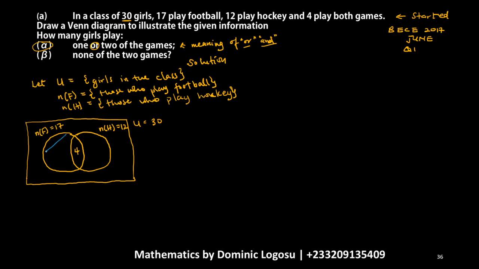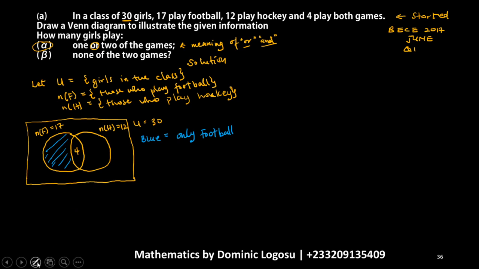this side of the Venn diagram represents only. Okay? So the blue side represents only football. I'm doing all this so that you can get the full understanding.